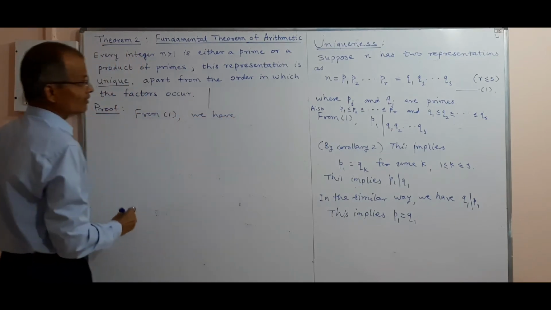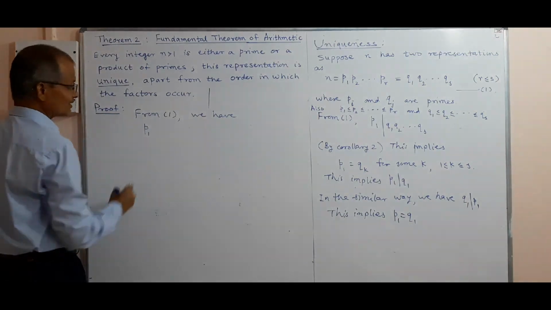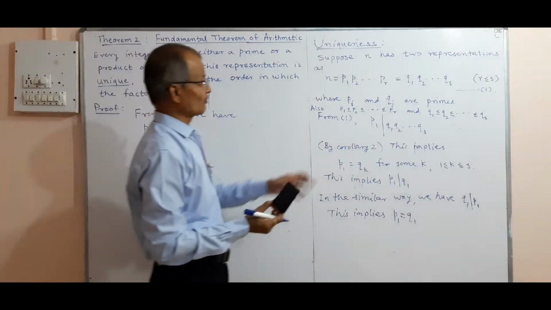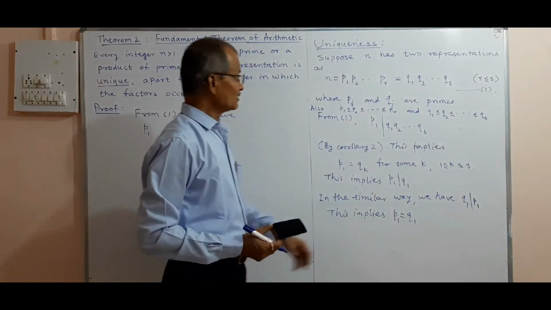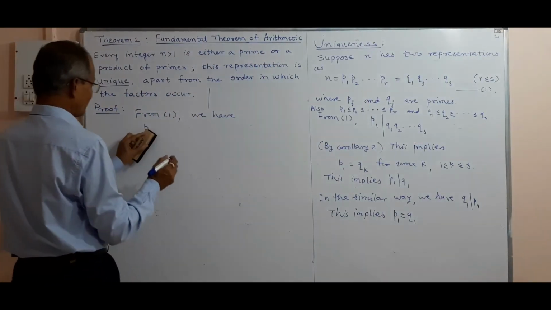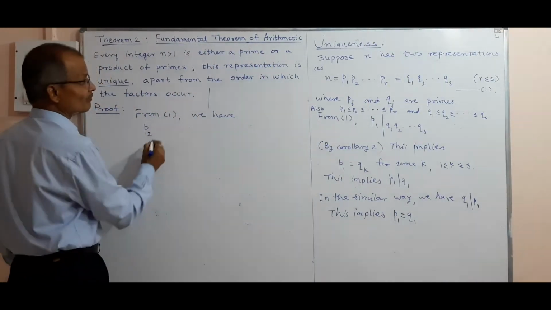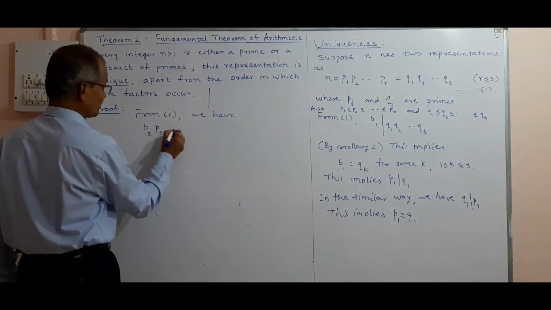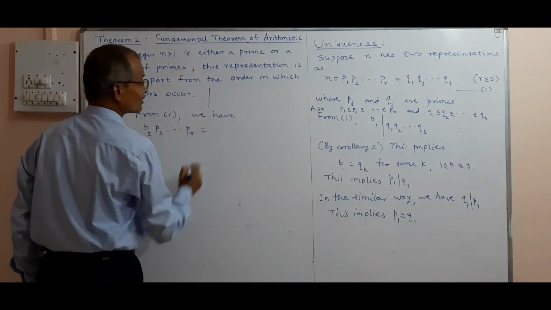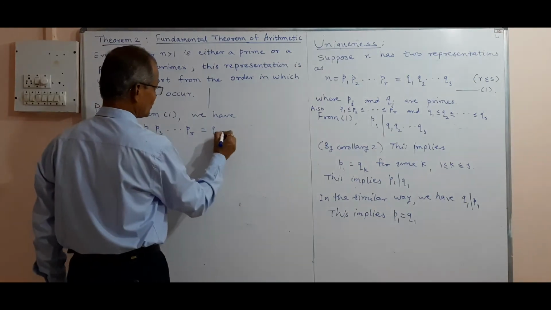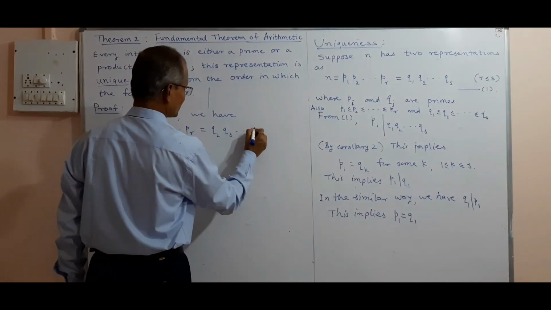Cancelling P1 and Q1 from both sides because they are equal, we have P2, P3 up to PR is equal to Q2, Q3 up to QS.